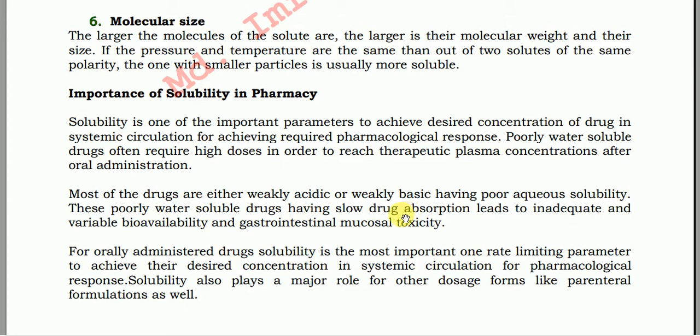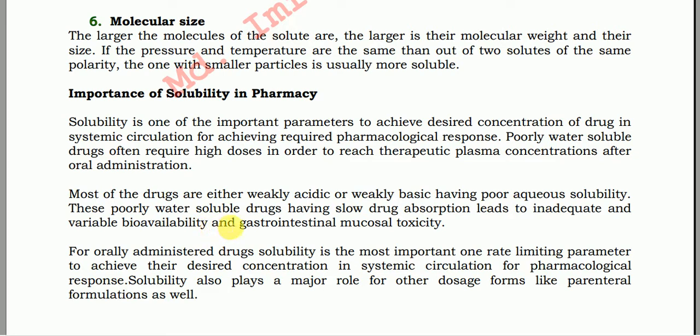On the other hand, if we want more drug to be dissolved and present in the blood circulation, then we would require a high dose of the drug. And if the dose of the drug increases, then the amount of the drug present in the stomach will be greater.